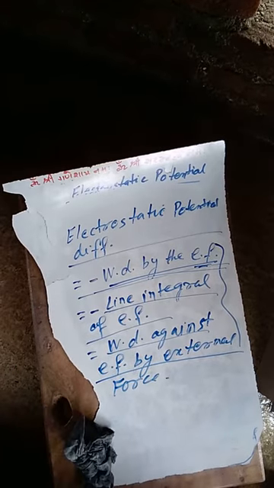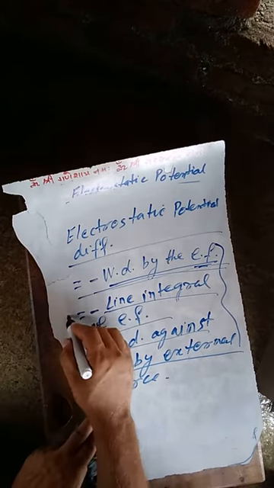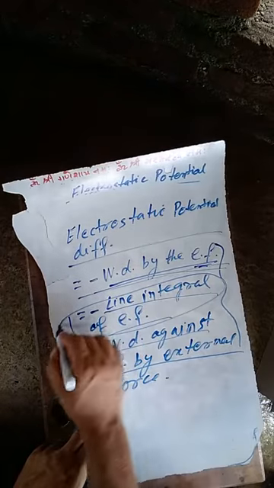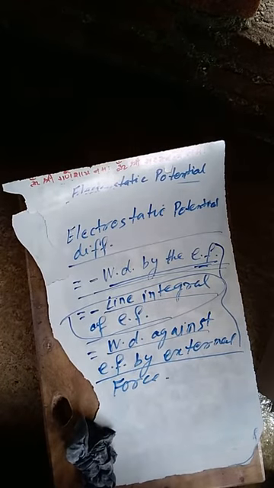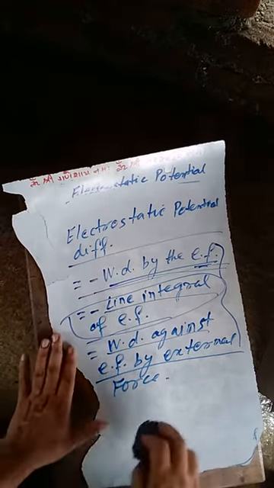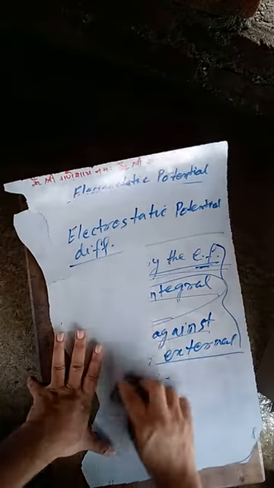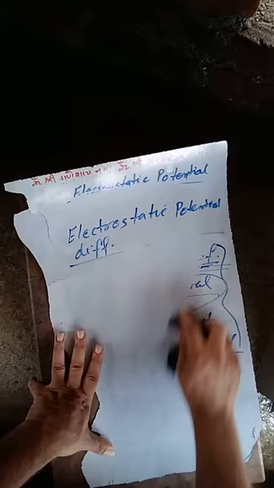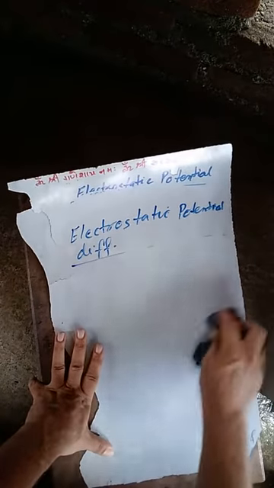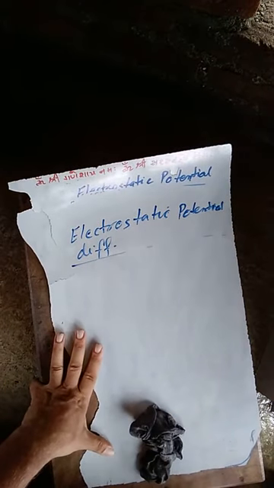So we take this negative of the line integral of electric field as the electrostatic potential difference. So now we have understood what is actually electrostatic potential difference.